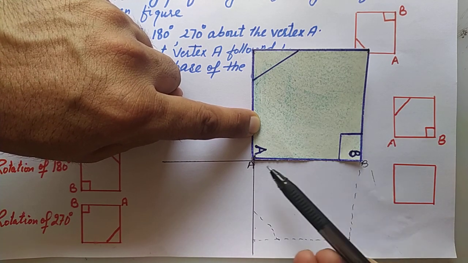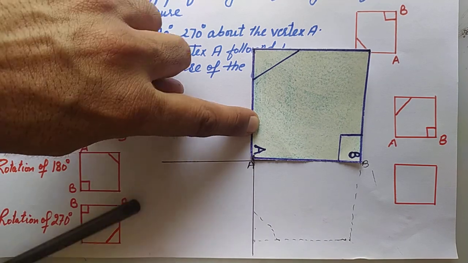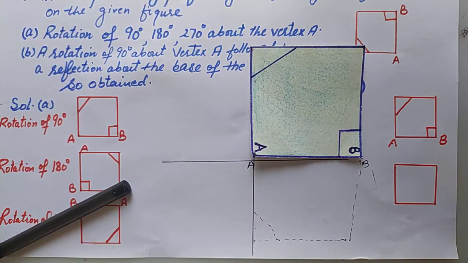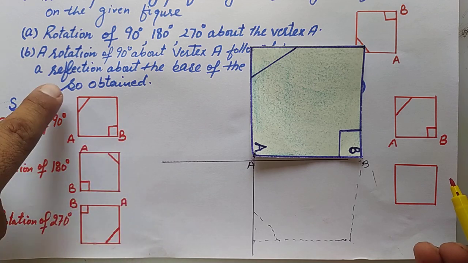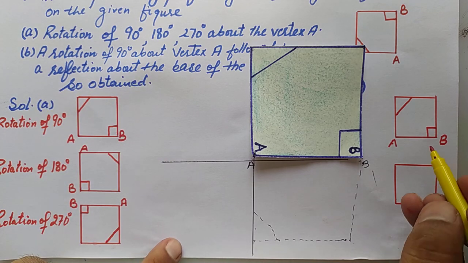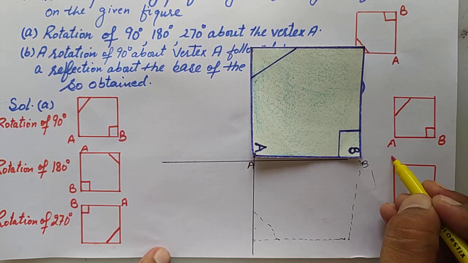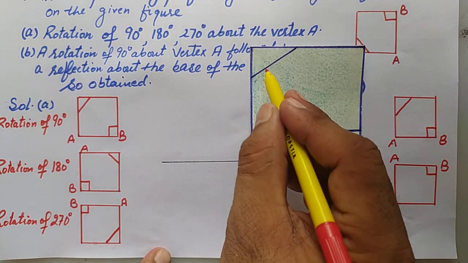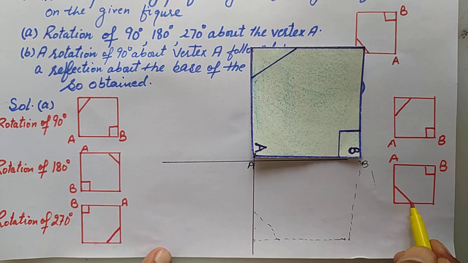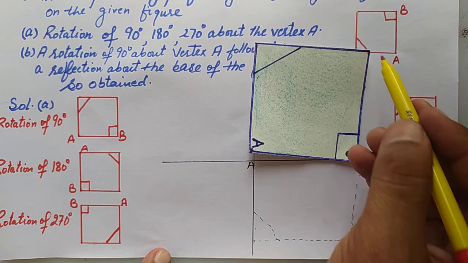B will be here only, A will be here only. So side by side you can draw here. If I reflect about the base of this figure obtained, it will be like this. A will be here, B will be here, this cutting line will be here, and this point will be here only.